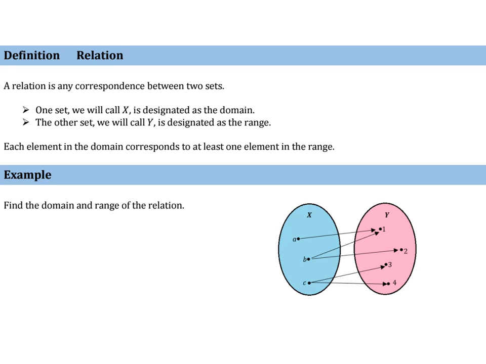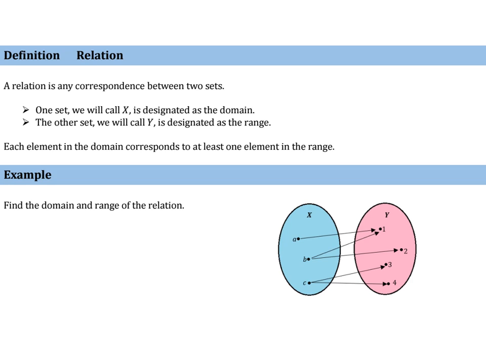So let's take a look at an example. Here we have a relation, and we have values in X: A, B, and C. A, for example, goes to 1 in the range. B goes to 2 values. It goes to both 1 and 2. C likewise goes to 2 values in the range, 3 and 4.